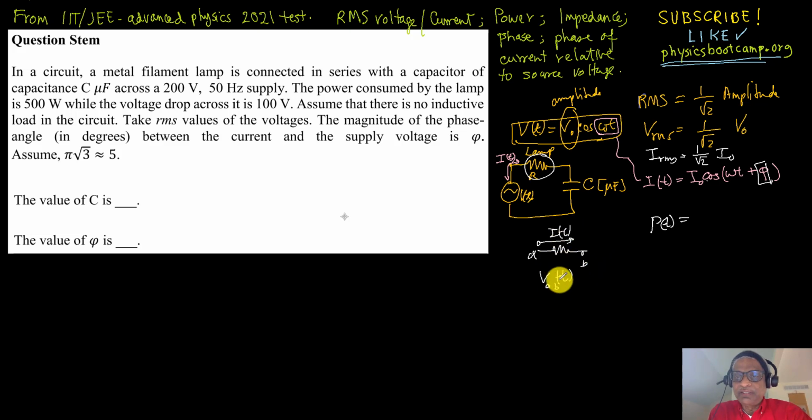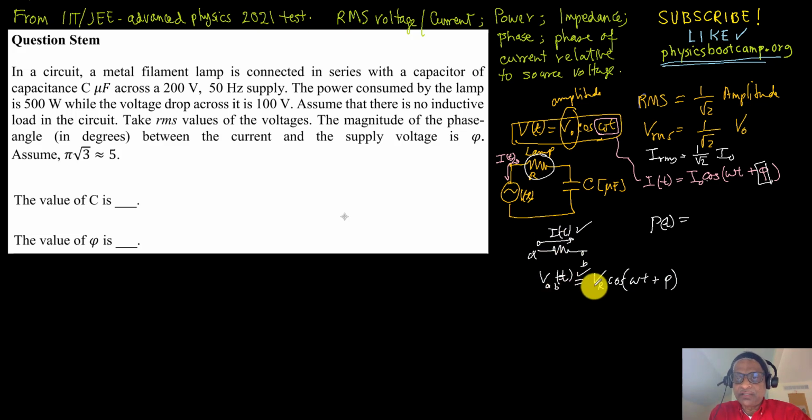The phase of this is the same as the phase of the current, as we have explained. So the voltage across here will be VR cosine omega t, with the same phase as the current.